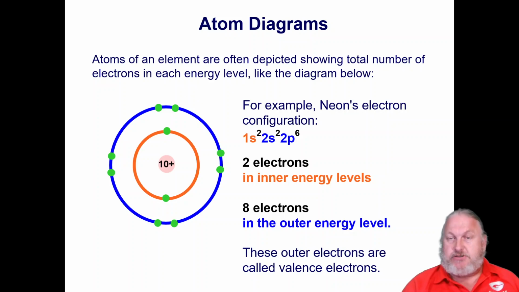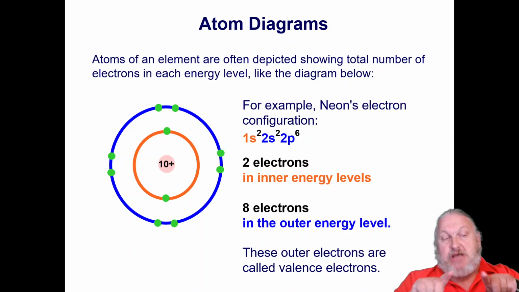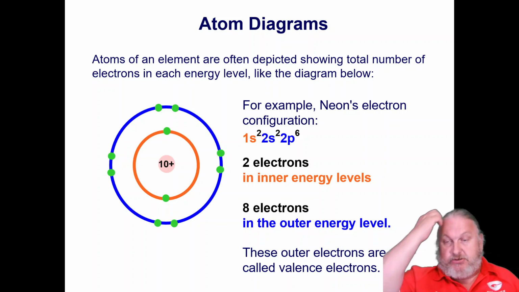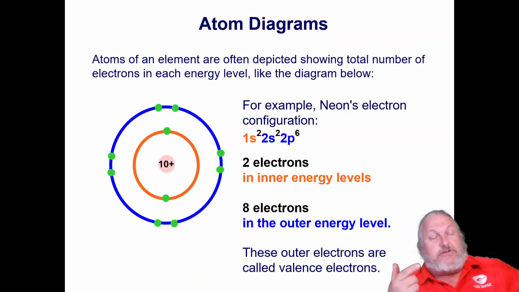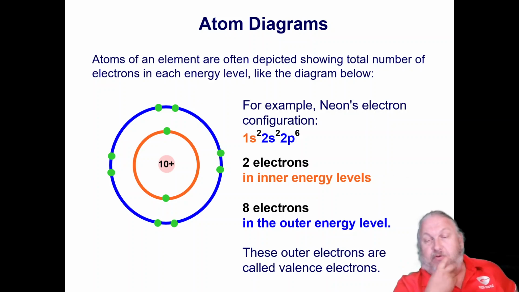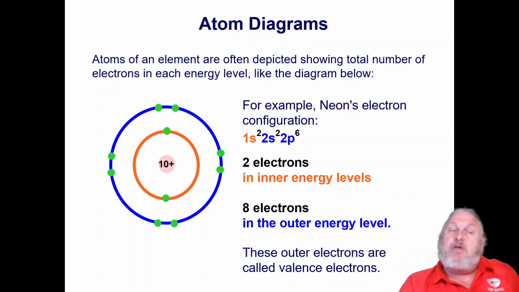So it has a 1s2, 2 electrons there in the first energy level, then the 2s2 and the 2p6. So in that first energy level, there's 2 electrons. There's 8 electrons in the outer energy level. Now this is a term you probably recall from previous science classes. Those outer electrons are what we call the valence electrons.